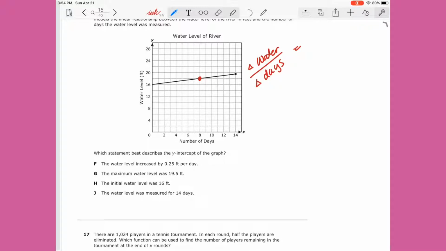Let's see, oh, 2 units. These are going, let's see, 12, 14, yeah, they're going up by 2 units. So this is 16, 17, 18. So this is going to be 18 divided by 8. 18 divided by 8 will give me a slope of 2.25.